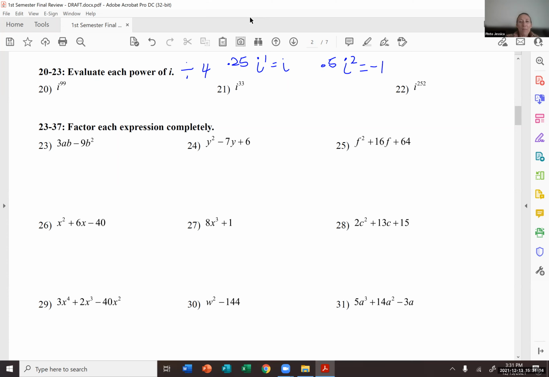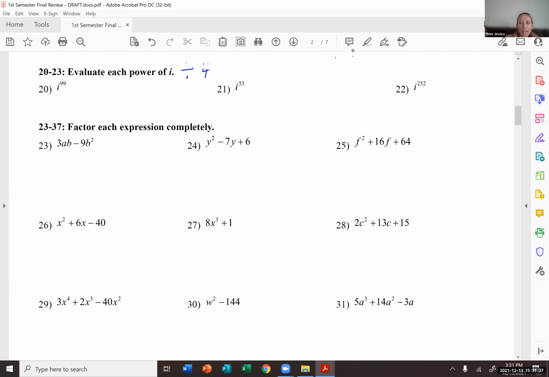Then if I have 0.75, oh man, I wish I had written this nicer. So if I have 0.75, that's the same as the remainder 3. So that's going to be i to the third power.